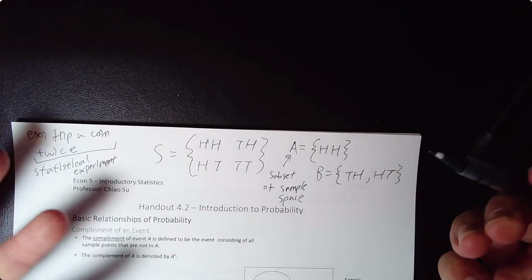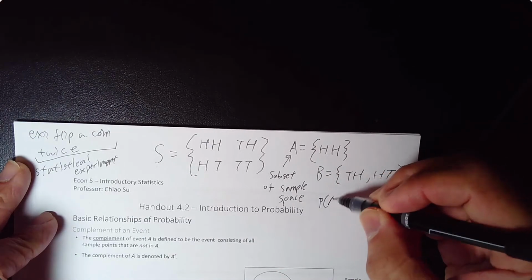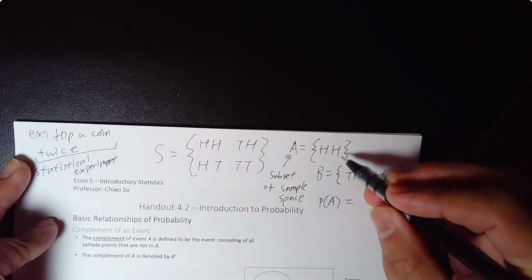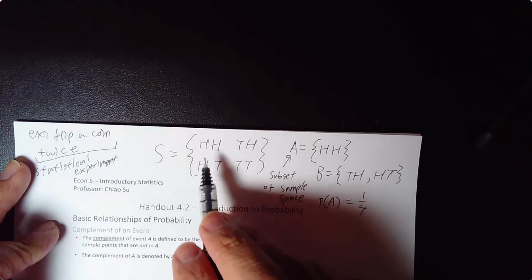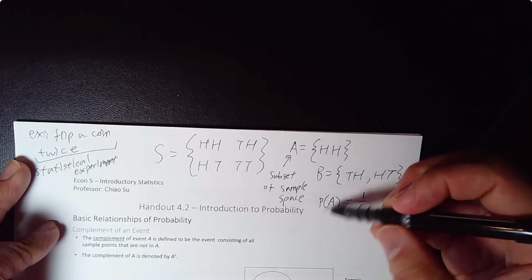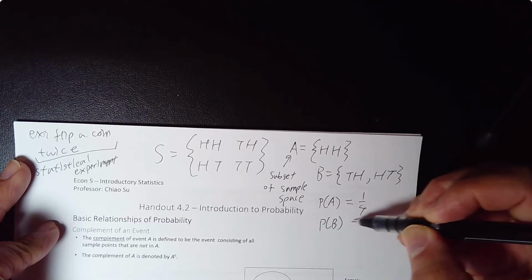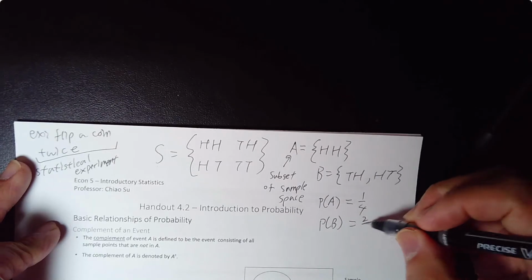For example, what's the probability of A? The probability of A is 1/4, because I have one element here, assuming that each of the four is equally likely. What's the probability of B? Two out of 4, so 2/4 or 1/2.